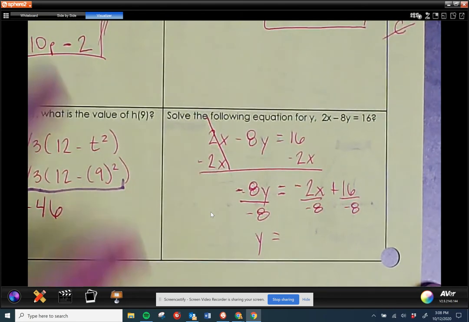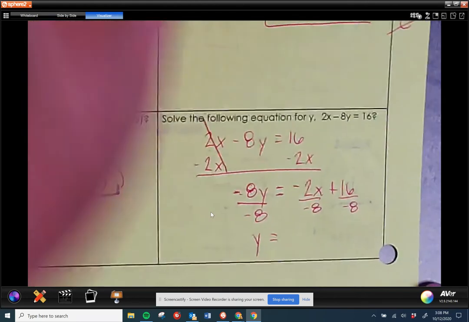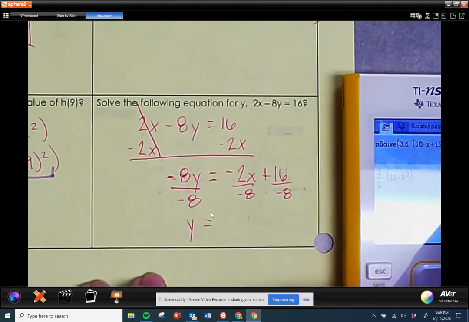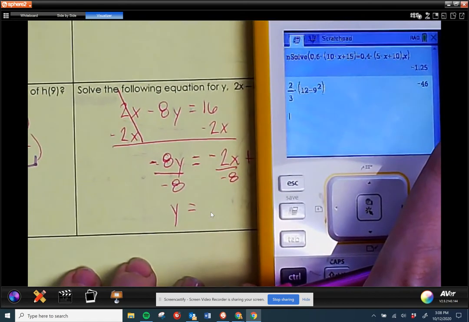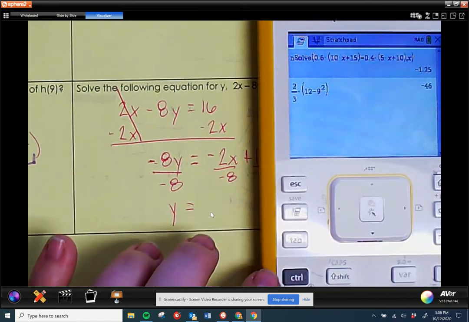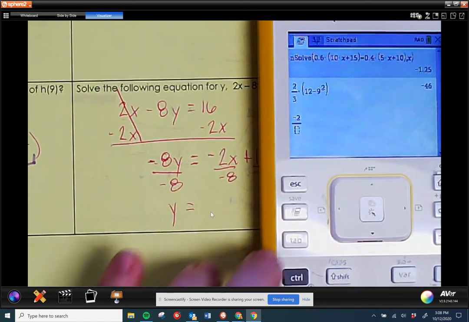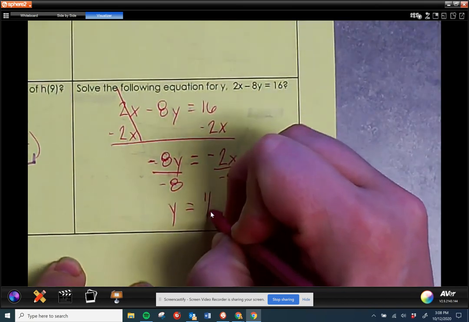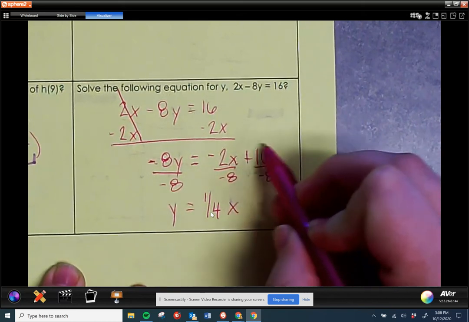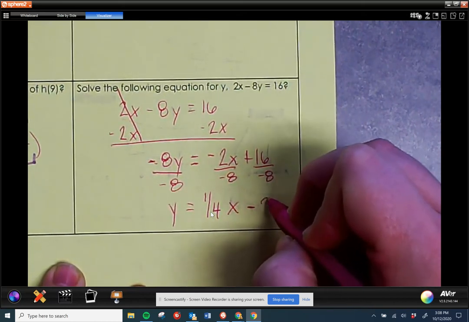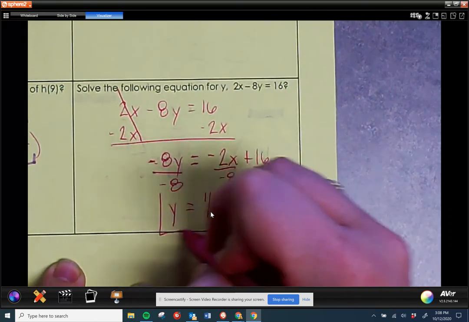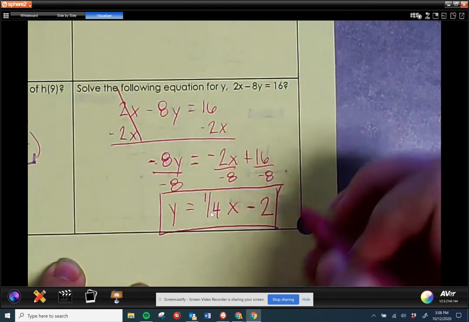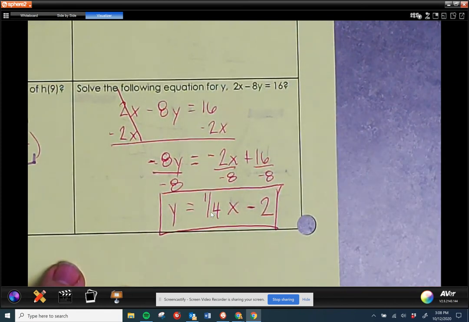This negative 2 over negative 8 is going to be able to be simplified, so I'm going to go ahead and type that in my calculator. Negative 2 over negative 8, and I get positive 1/4. So I'll have 1/4 x, and then 16 divided by negative 8 is going to be negative 2. So this will be my simplified equation with y by itself.